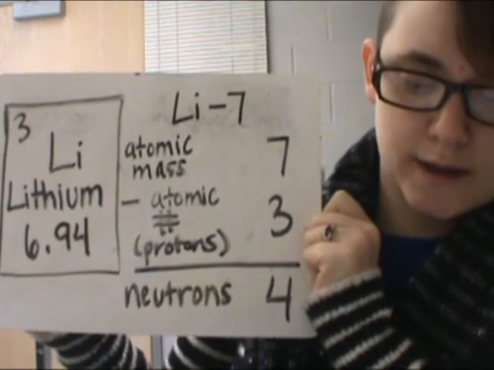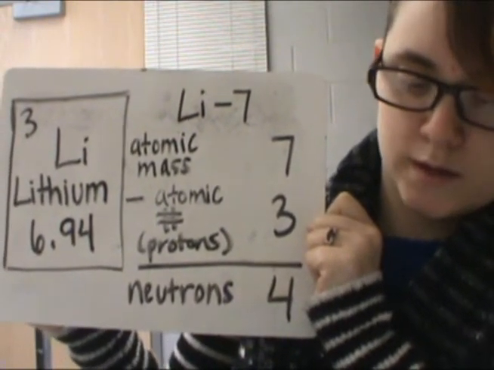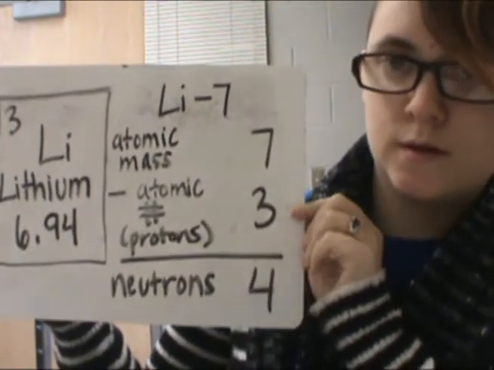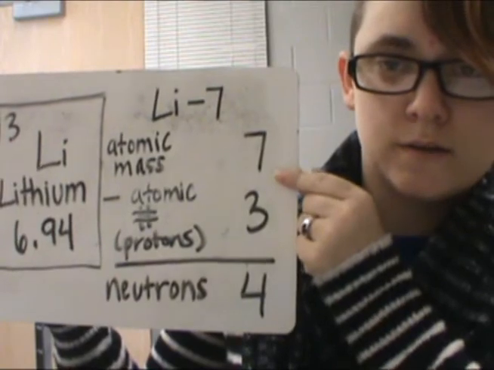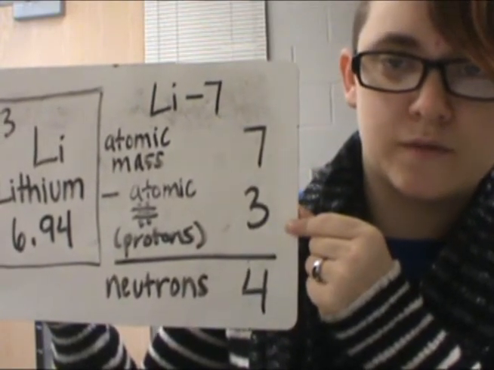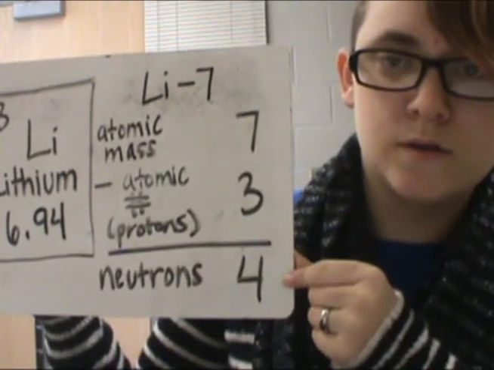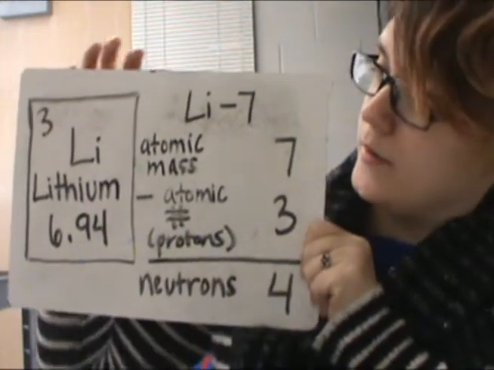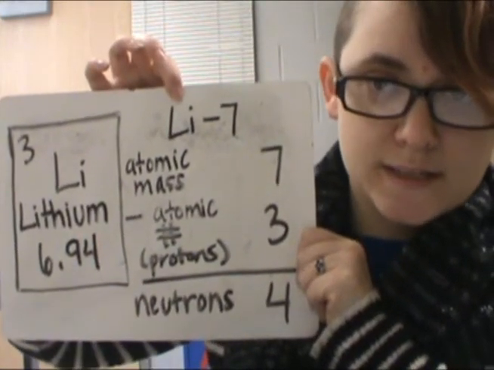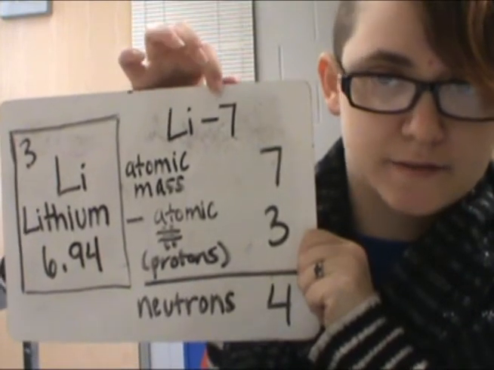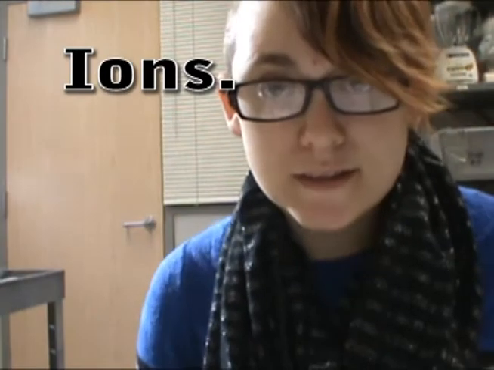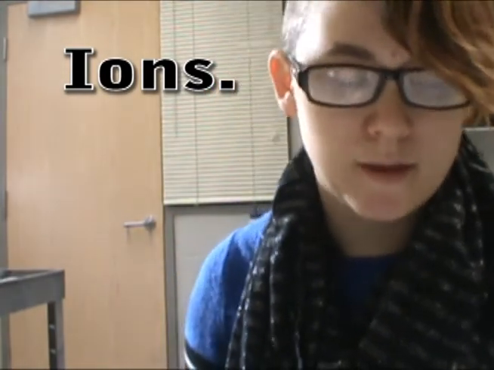We would subtract the number of protons from the atomic mass to determine the number of neutrons. So atomic mass of 7 minus atomic number of 3 equals 4 neutrons. Make sure you remember that this symbol doesn't mean lithium minus 7. It just means lithium-7.